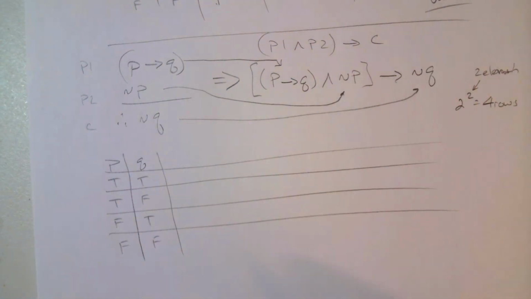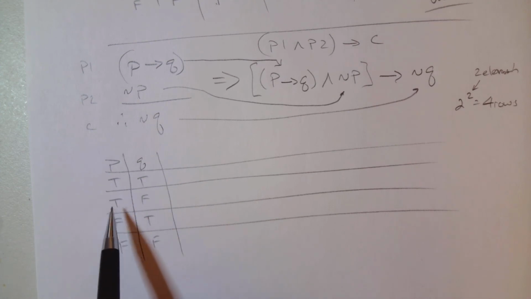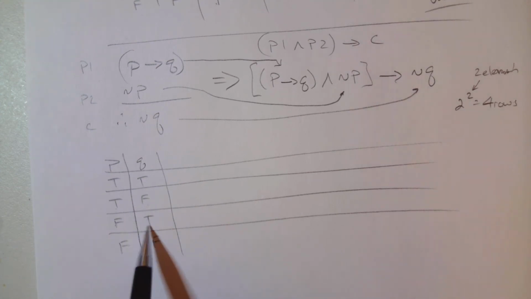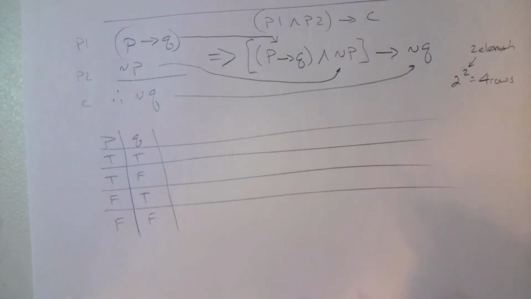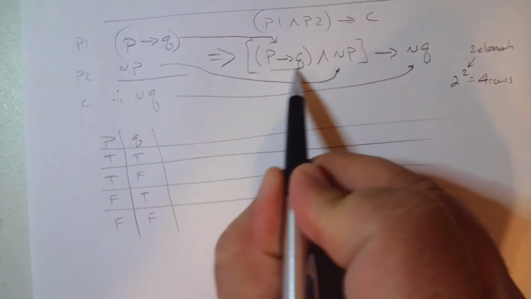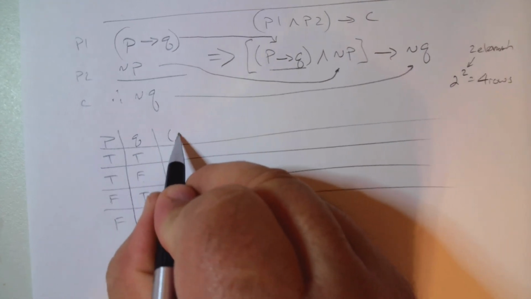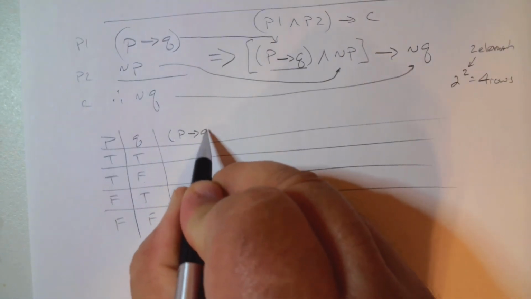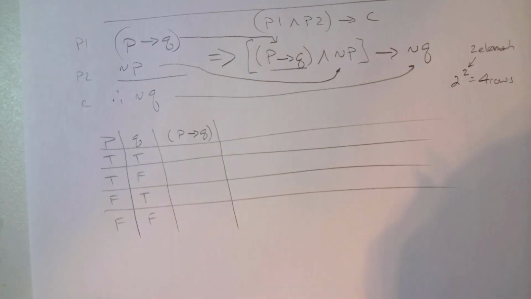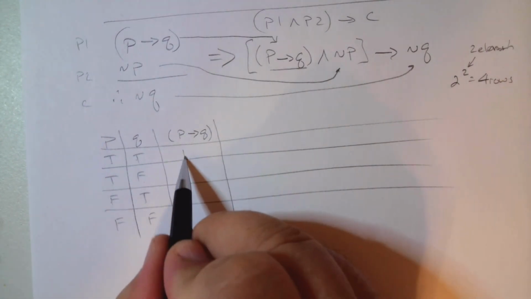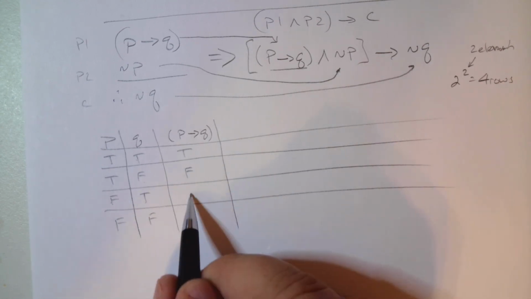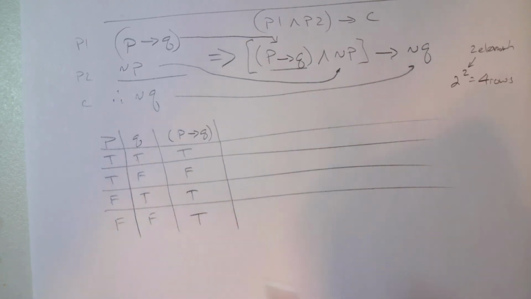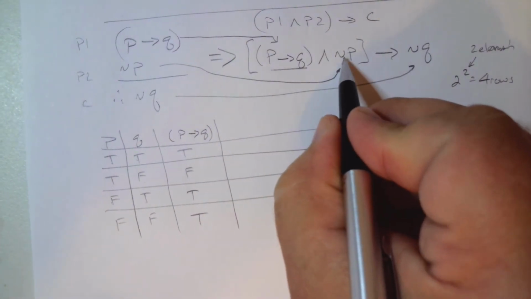Think of light switches in a room. They could both be on. One could be on, one could be off. The other one could be off, then on, or they could both be off. So look at our statement here. Our first thing we have to do is if P, then Q. If true, then true, true. If true, then false is false. False, then true is true. False and false is true.